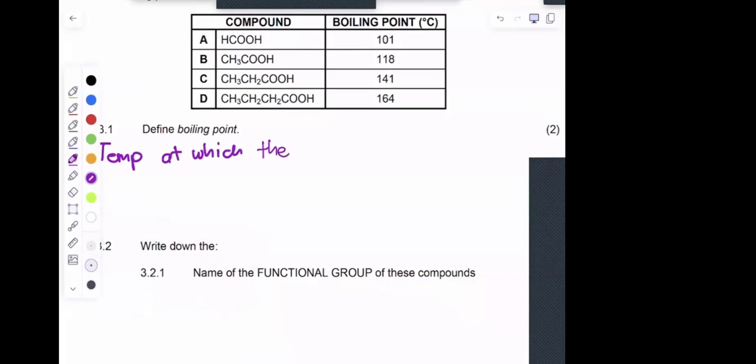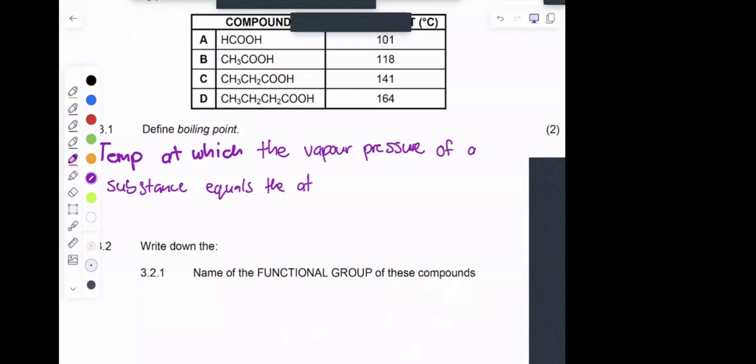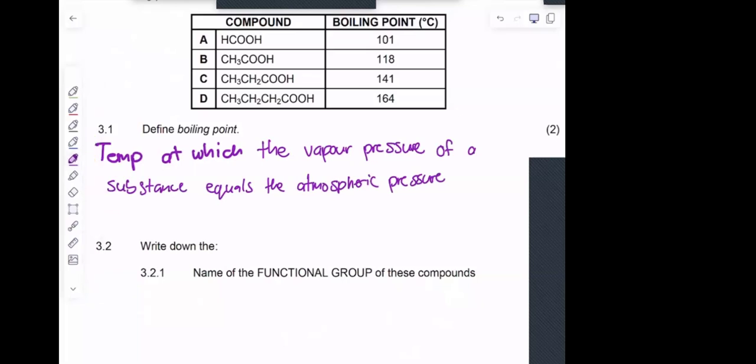The vapor pressure of a substance equals the atmospheric pressure. Okay. Hope that makes sense. That's 3.1.